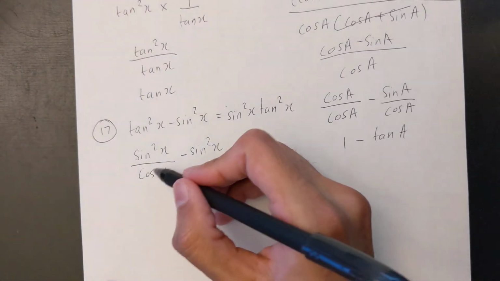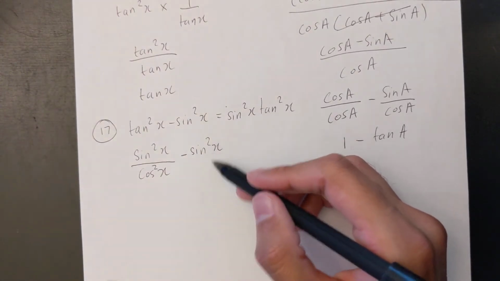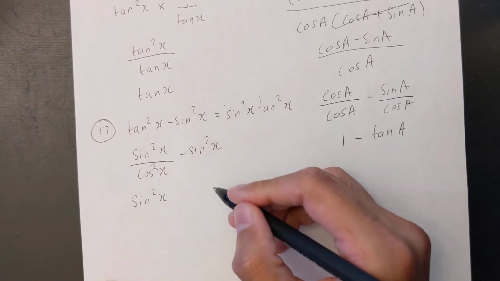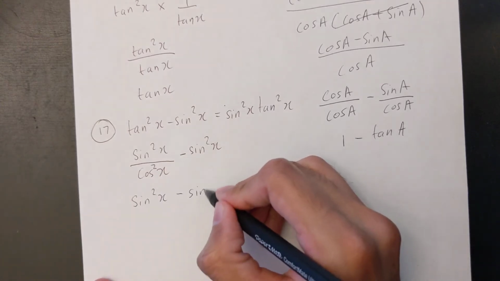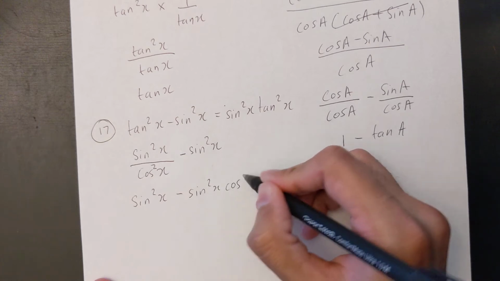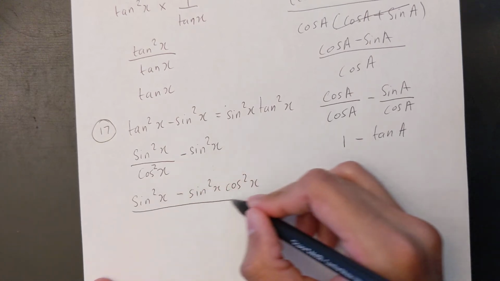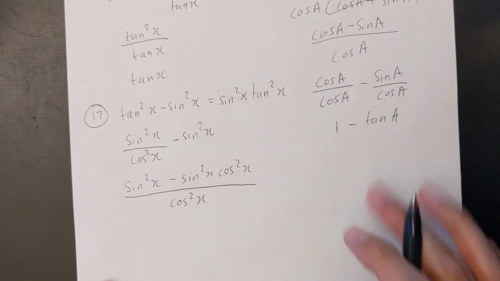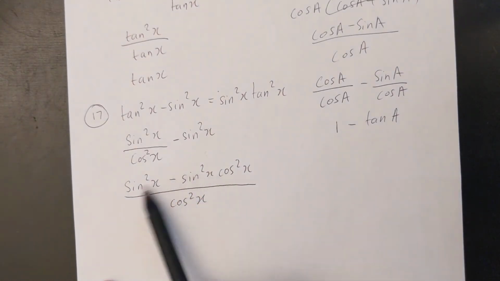I'm going to make a common denominator, so I'm going to multiply cos square x on the top and the bottom. Now I'm going to common factor on the top.